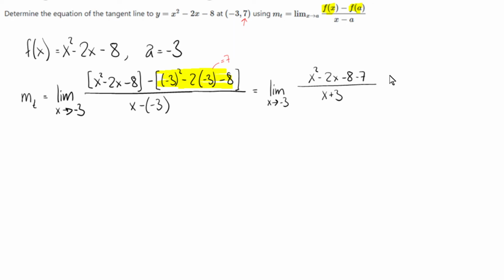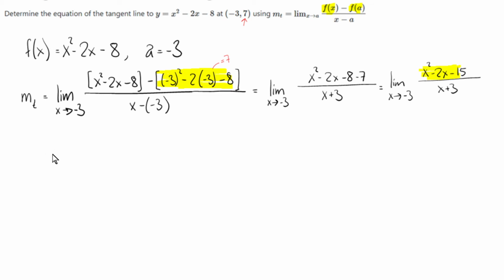We can combine those two terms in the numerator. So we're going to get the limit as x tends to -3 of x squared minus 2x minus 15 over x plus 3. Now to proceed here, we are going to factor the numerator.